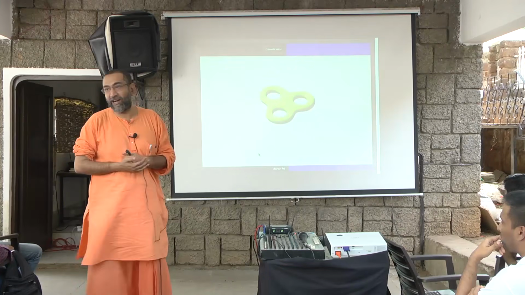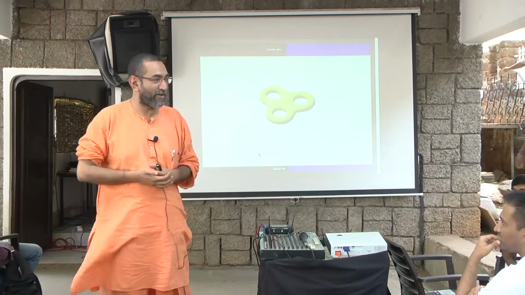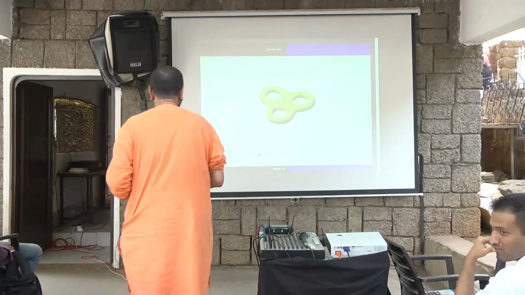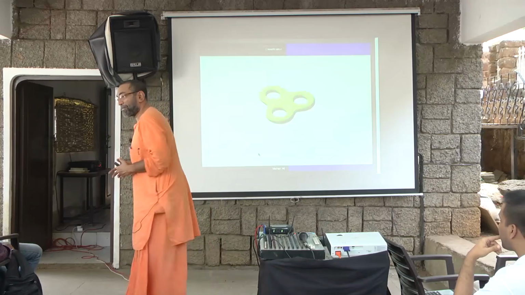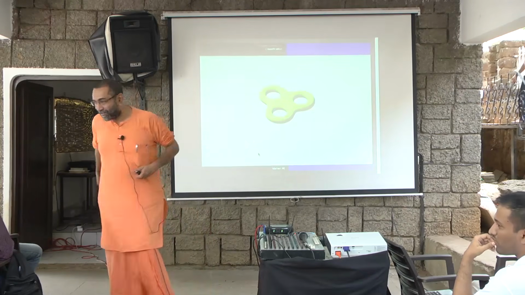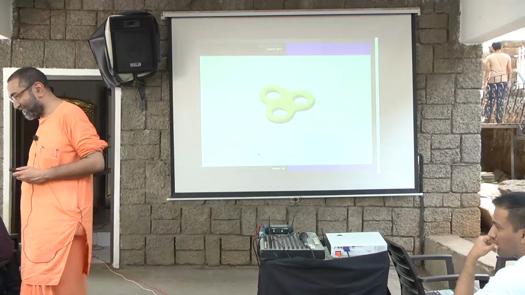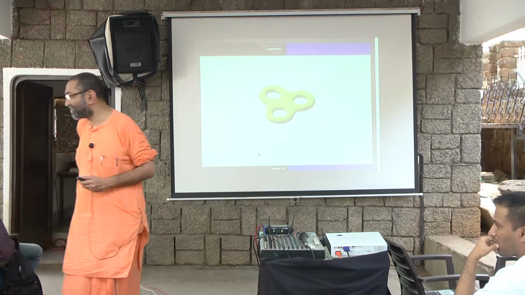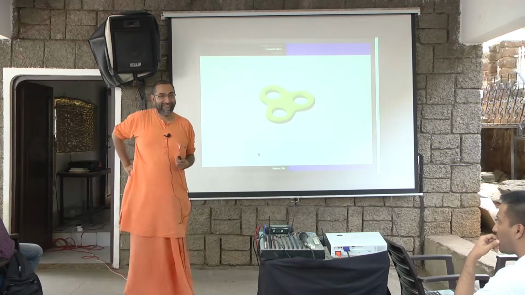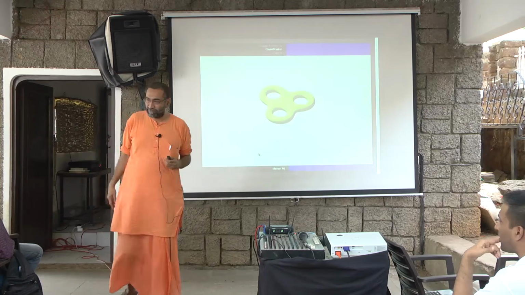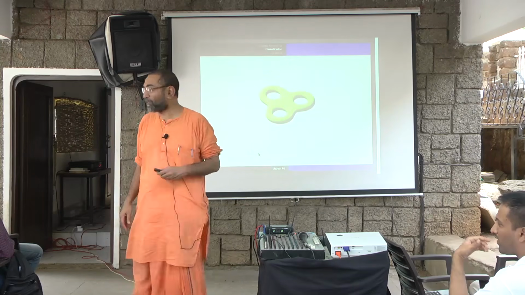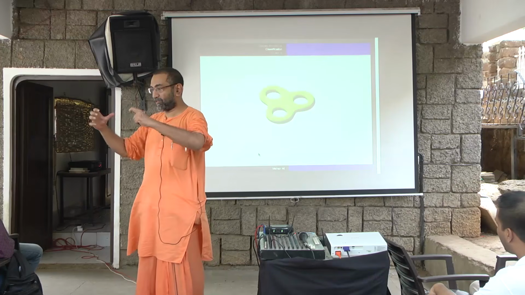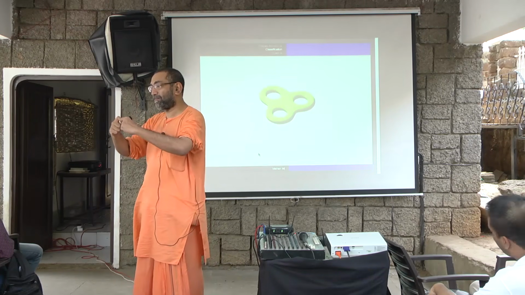Is it the same as the sphere? Is it the same as the torus? Definitely not sphere. Good. But what about a torus? Yes, young friend here. What do you think? You think yes? Okay. Why do you think yes? I mean, suppose I removed one of those handles. It was just two of these things stuck together.